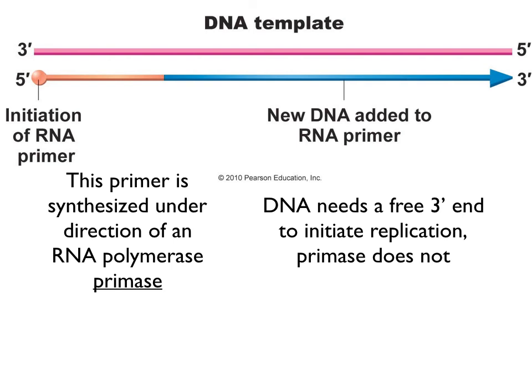People memorize it's made 5 to 3. But where they get mixed up is they look at that pink strand, the 5 is on the right, the 3 is on the left, so they think I'm going to make a new one from right to left. That's 5 to 3. It's not 5 to 3 of the thing you're copying, it's 5 to 3 of the thing you are making. And as this DNA is being made 5 to 3, realize that the polymerases are reading that pink template 3 to 5.